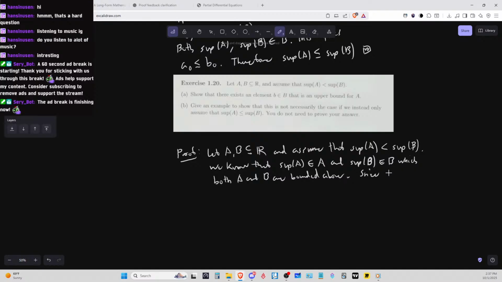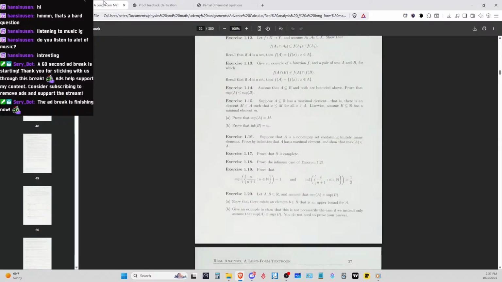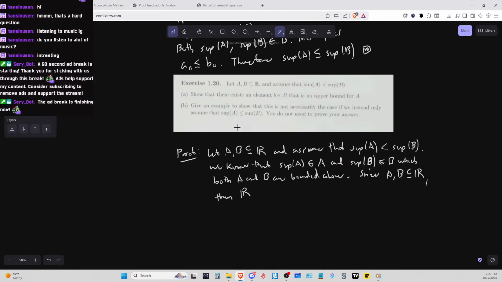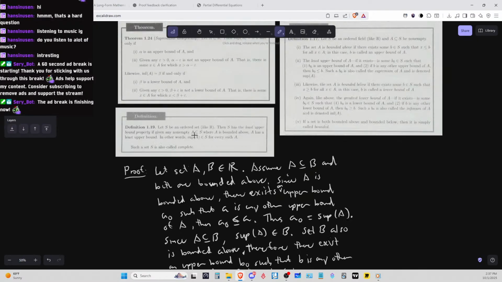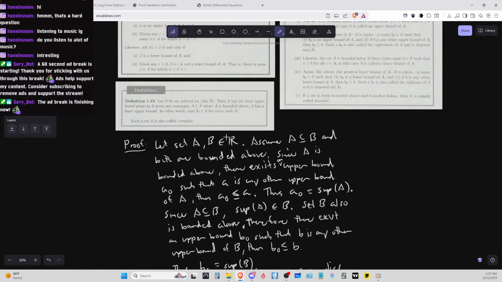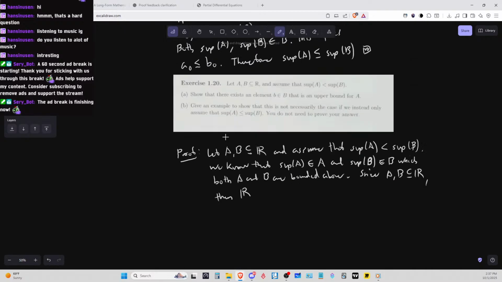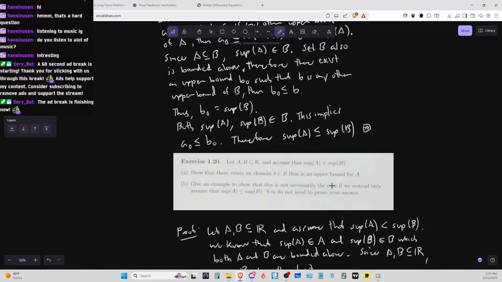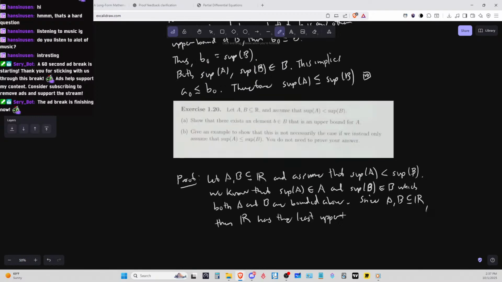Since A and B are subsets of R, then R has the least upper bound property.